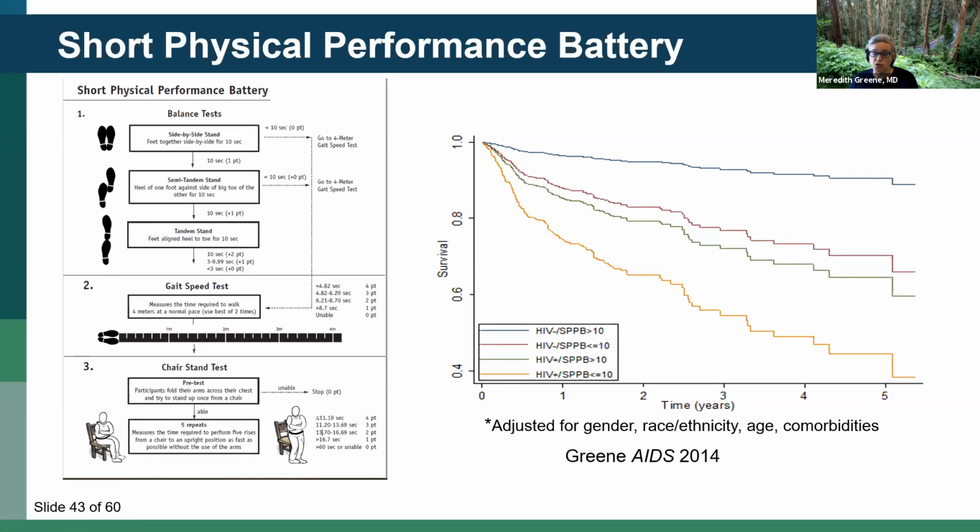In HIV, the group who was HIV positive and had abnormal scores had the highest risk of 5-year mortality. So again, this is a tool that was originally designed for people in their 70s and 80s, but still had predictive validity for younger people living with HIV and at risk for HIV.